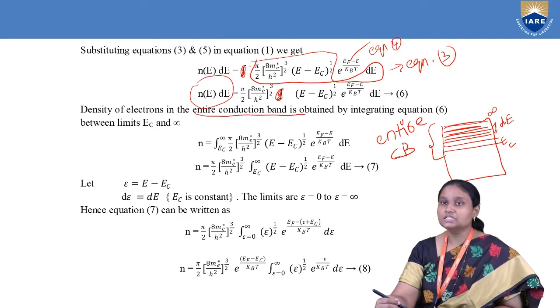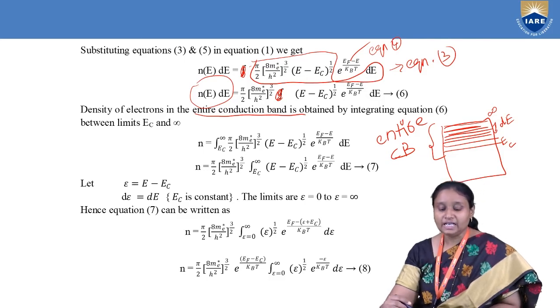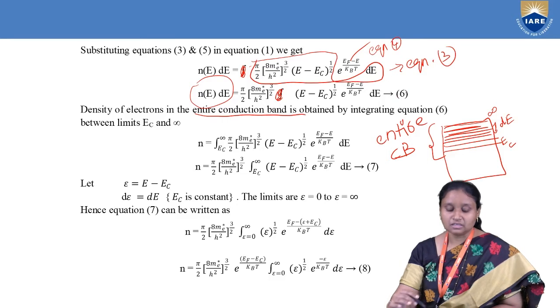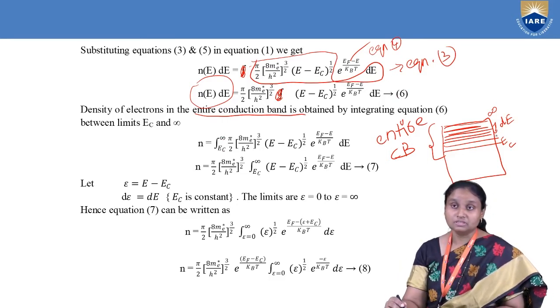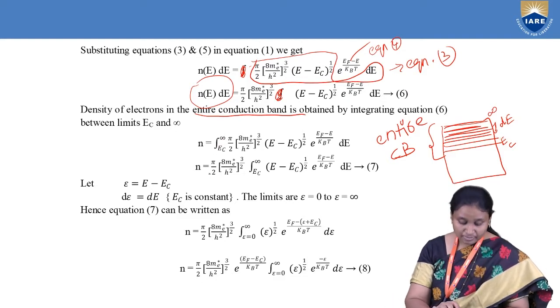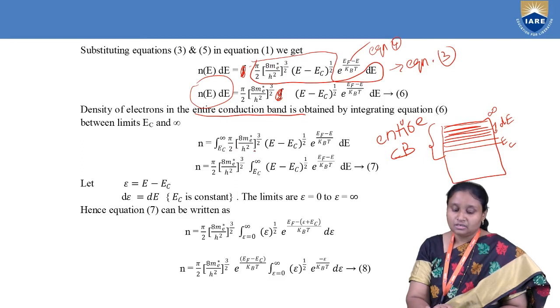If we integrate equation 6 between the limits EC to infinity, we get the total number of electrons in the entire conduction band, which is represented by N. So N equals the integral from EC to infinity of pi by 2, (8 pi me star by h square) to the power of 3 by 2, (E minus EC) to the power of half, exponential (EF minus E) by kBT dE.